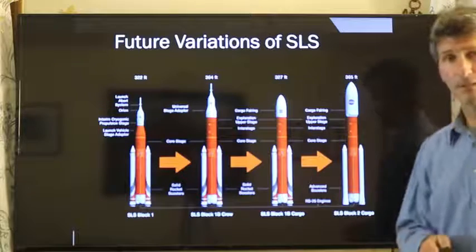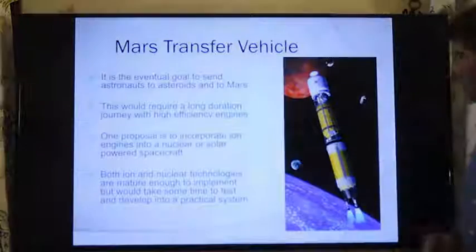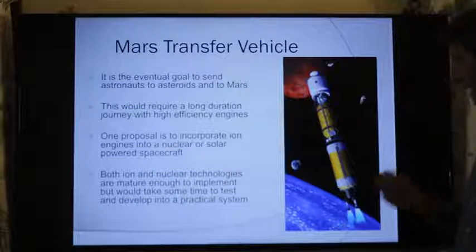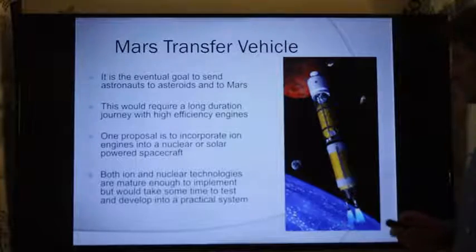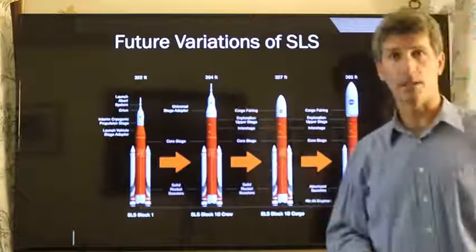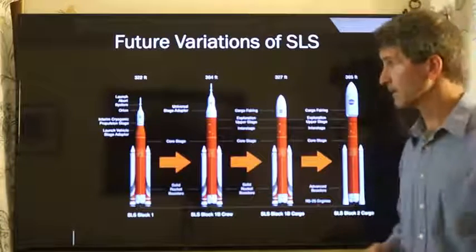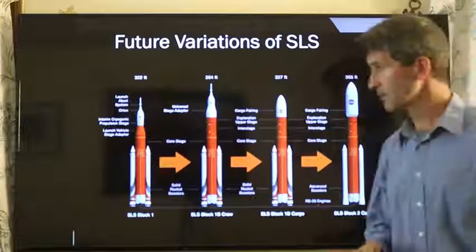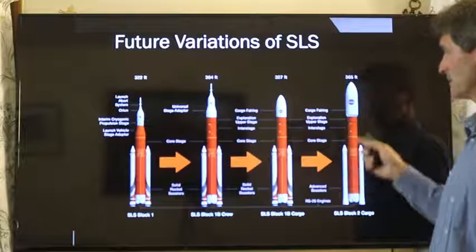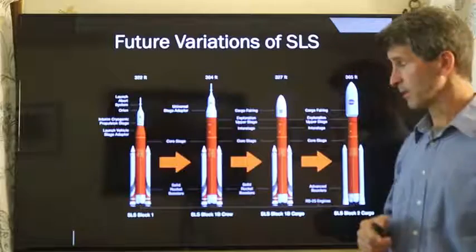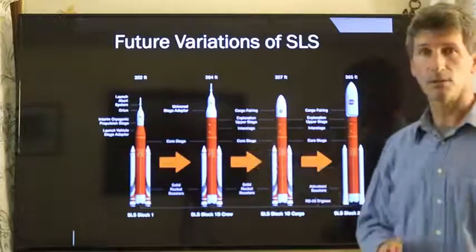We would have to make a few launches to get a transfer vehicle to take us to Mars, because again, even with the incredible size of this rocket, it's only able to put the Orion vehicle into lunar orbit. Doesn't even have enough to take it to a Mars-type orbit. So the idea would be to launch the transfer stage on one of these larger rockets, and then rendezvous with Orion this way.